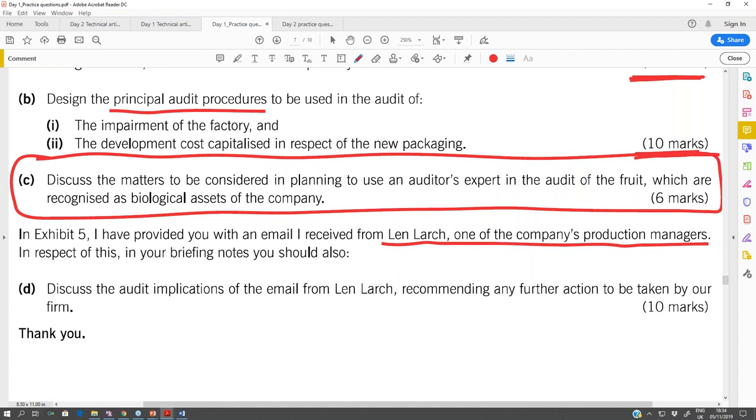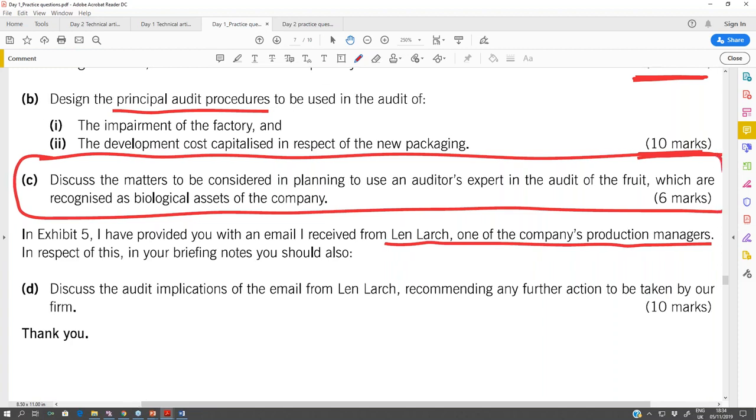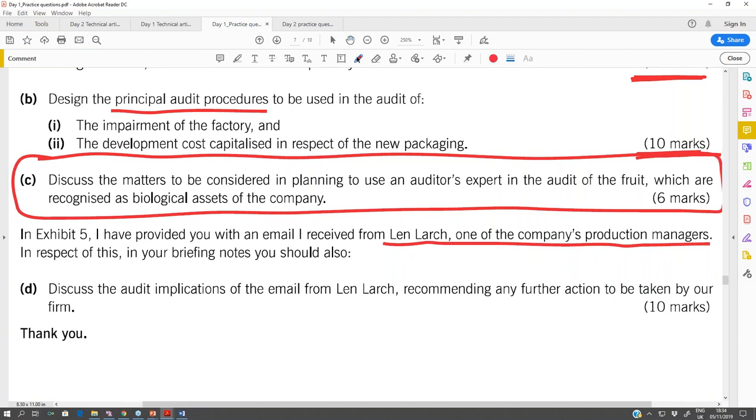In respect of this, in your briefing note, you should also. Let's see what is so particular about this email you got from Len Larch, because the partner is saying that is given in the Exhibit 5.